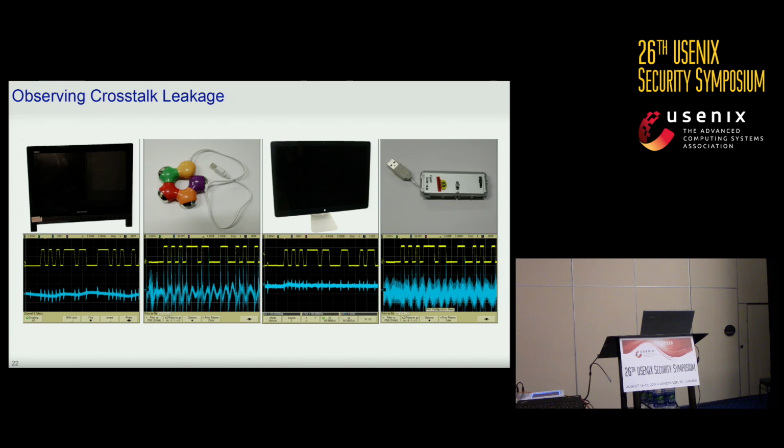At the bottom, the blue curve shows the crosstalk on the power line. Whenever there's a transition on the traffic line logic level, it induces one spike on the power line. The two signals are closely correlated. Therefore, from the power line crosstalk leakage, we can figure out what happens on the traffic line.